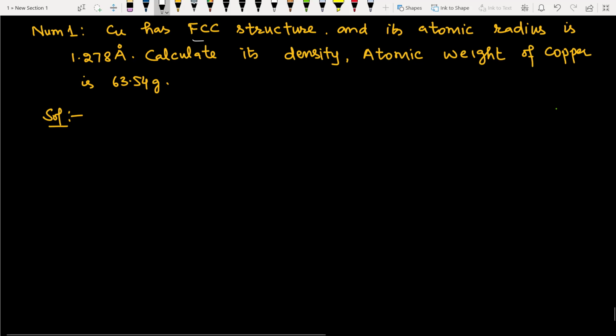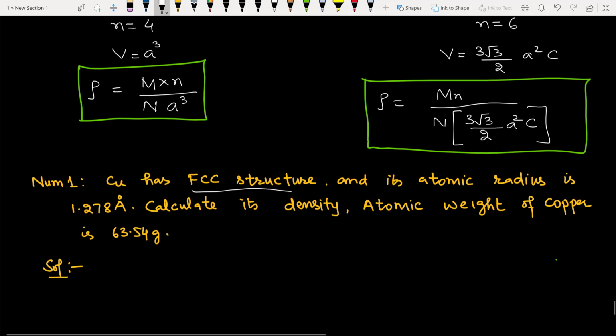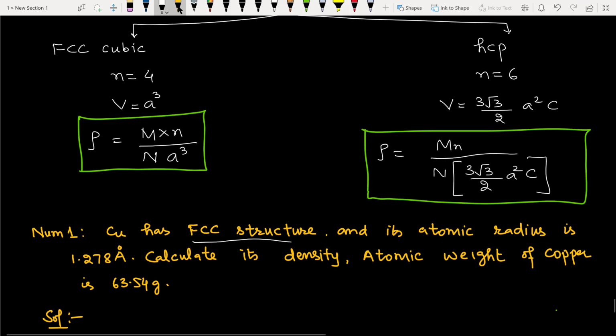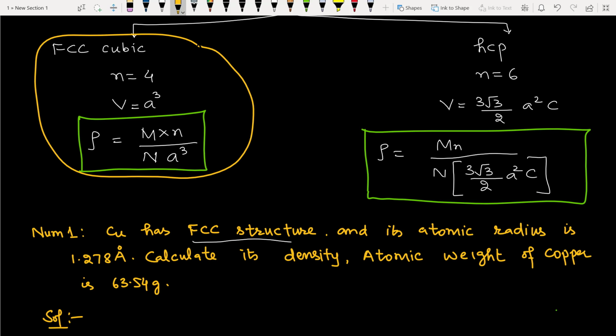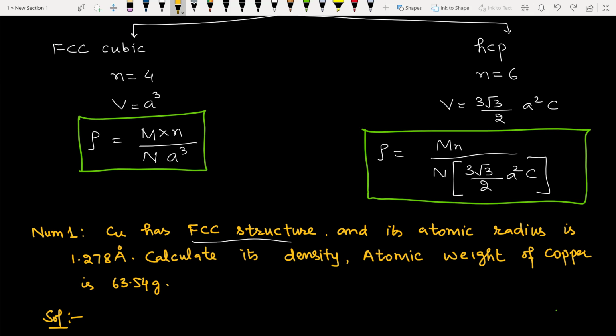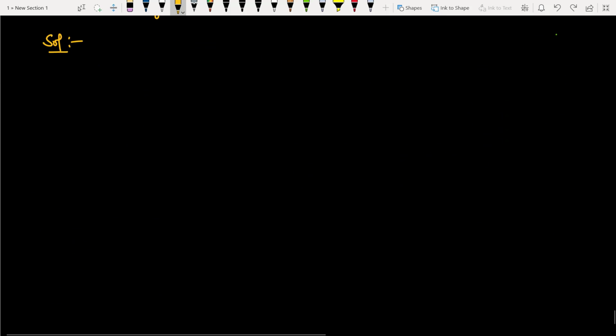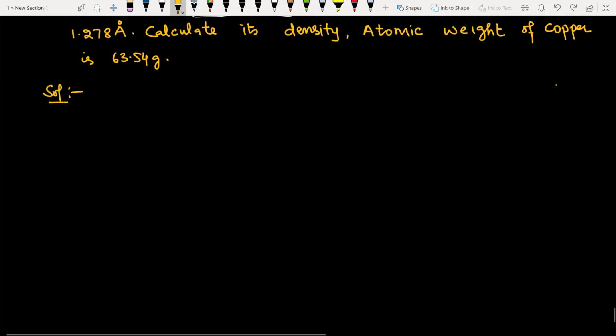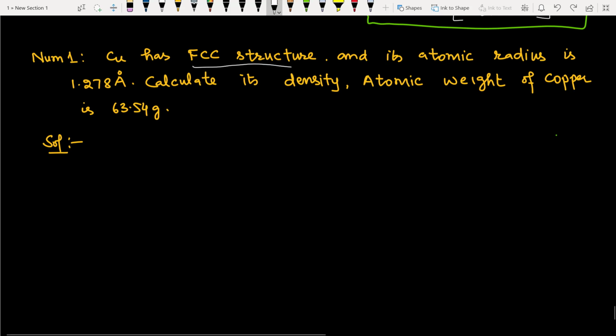Solution. So this is an FCC structure, so here we will apply this formulation for the FCC structure. The atomic radius is 1.278 angstrom.